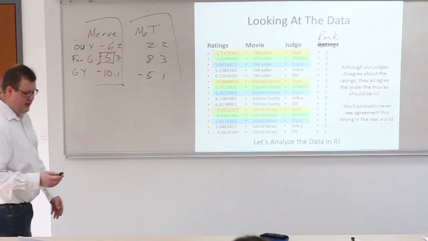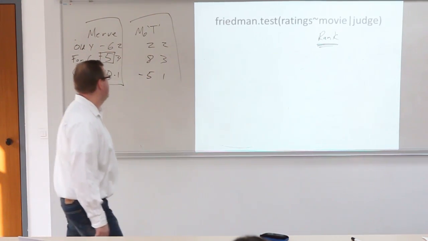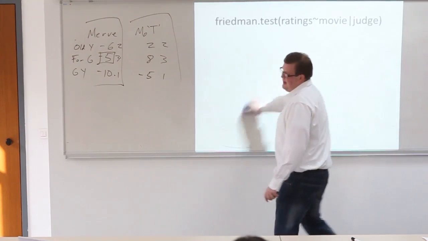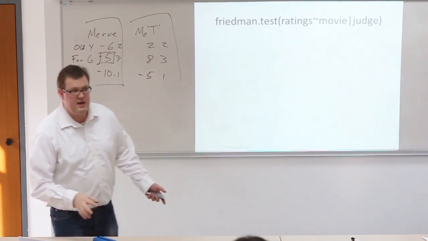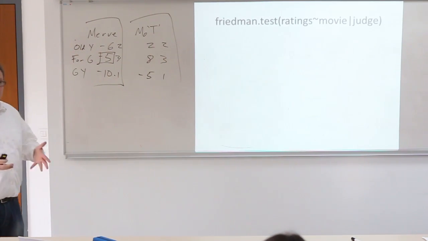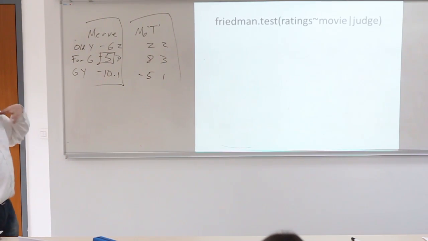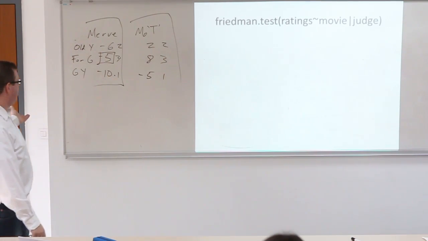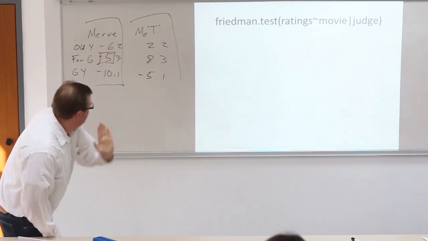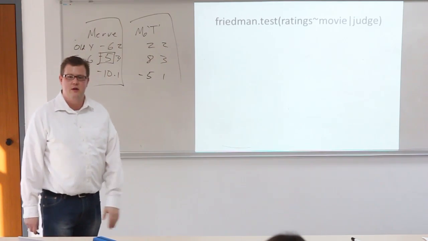All right, so let's take a look at how we analyze the data. We did a Kruskal-Wallis test when we had the independent observations. When we have the paired observations, or the dependent observations, we're going to use a Friedman test. What do we have? Ratings, squiggle movie, bar judge.